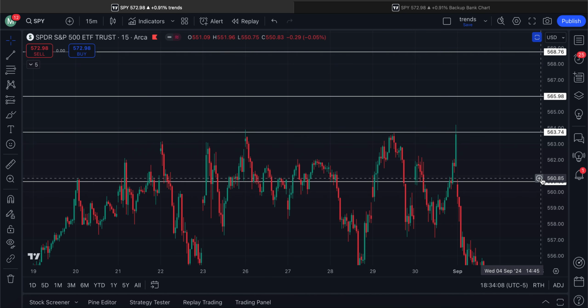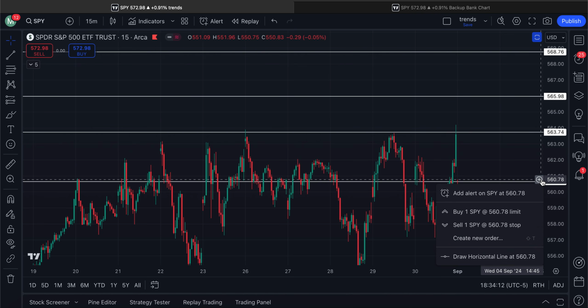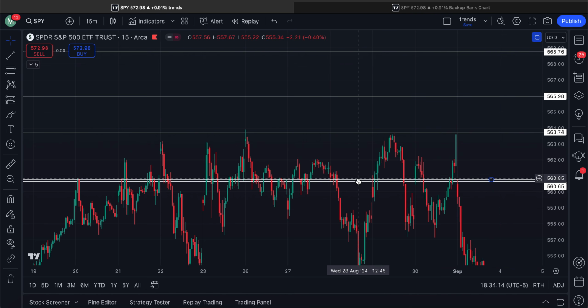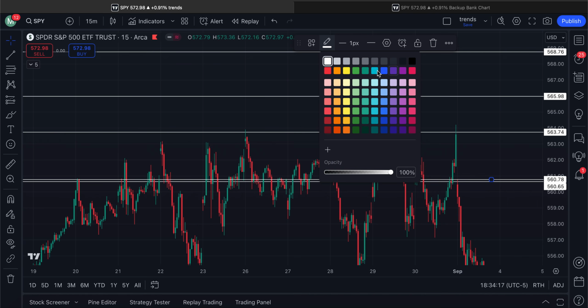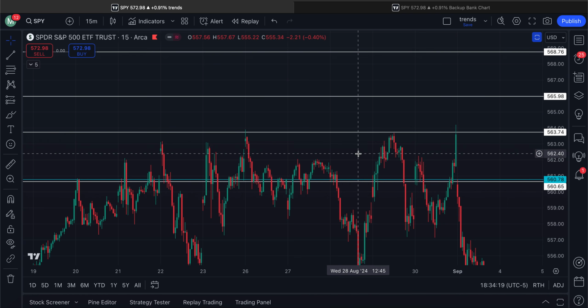I'm going to see if I draw it up a little bit higher, and then compare it to the recent price action. I'm going to mark this blue, just to know I drew it up in the previous price action.